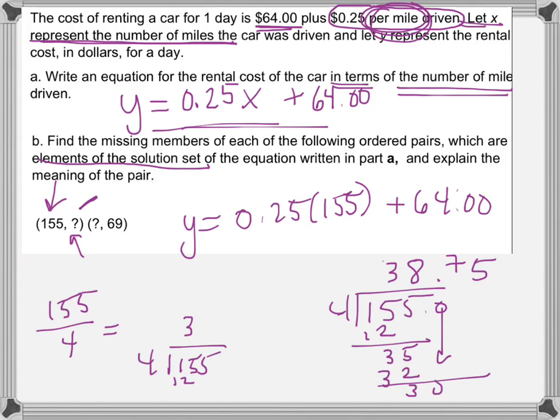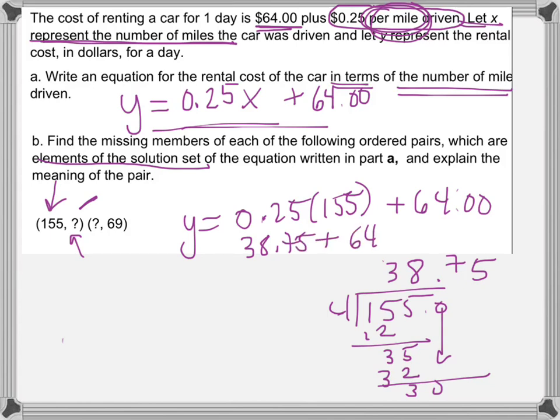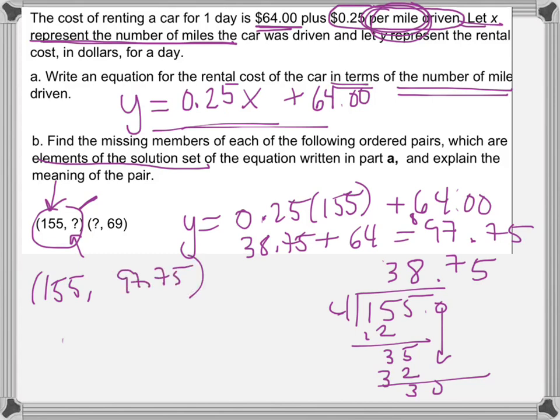To figure out what 25 cents times 155 is, I divided 155 by 4 because there are 4 quarters in a dollar, and I end up getting 38.75. So I have 38.75 plus $64, which gets me 97.75. So if you drove 155 miles, your total cost would be $97.75.